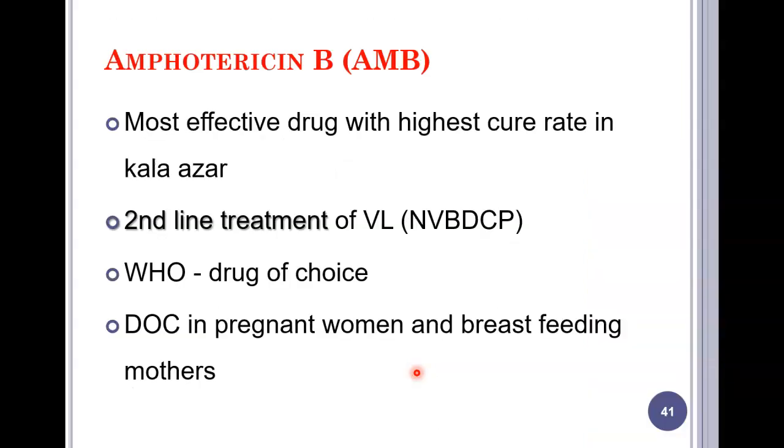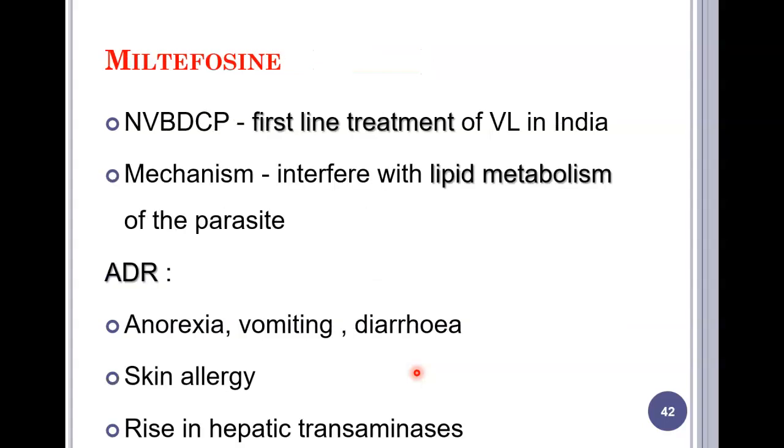Amphotericin B is the second line treatment under the National Vector-Borne Disease Control Program for visceral leishmaniasis. In the WHO regimen, it is a drug of choice. Miltefosine is the drug of choice as first-line treatment under NVBDCP. It acts by interfering with lipid metabolism of the parasite. Adverse effects are anorexia, vomiting, diarrhea, skin allergy, and rise in hepatic transaminase.